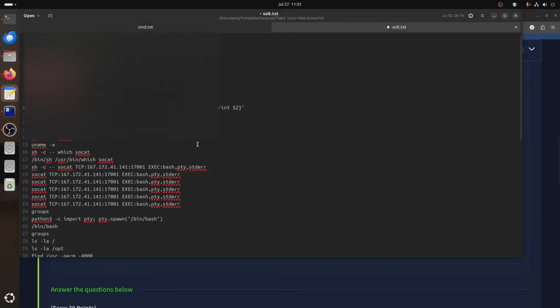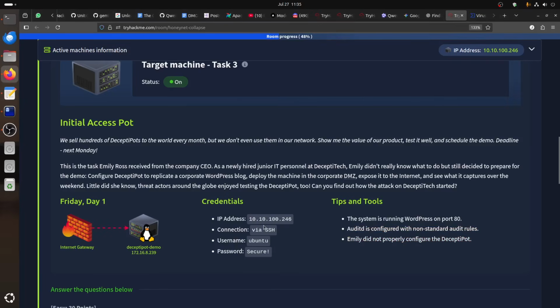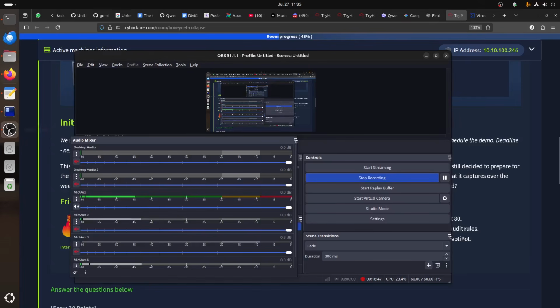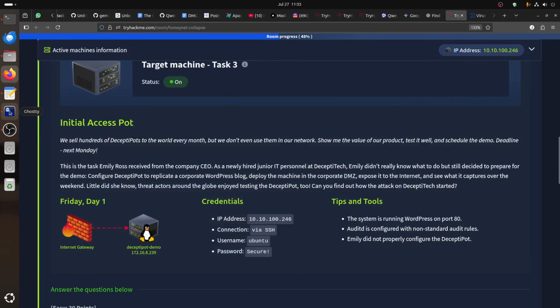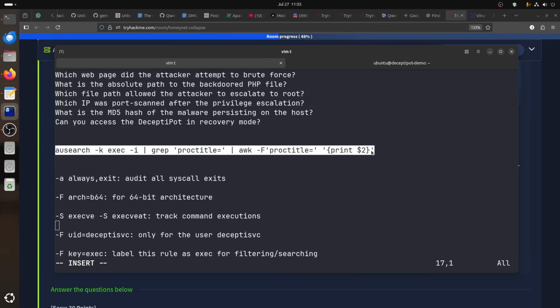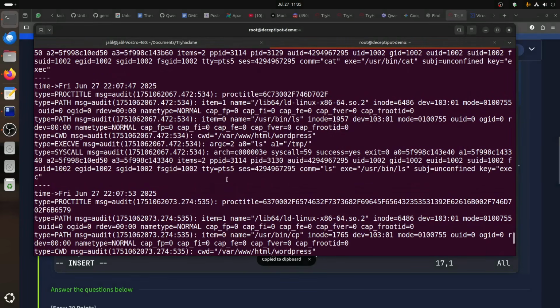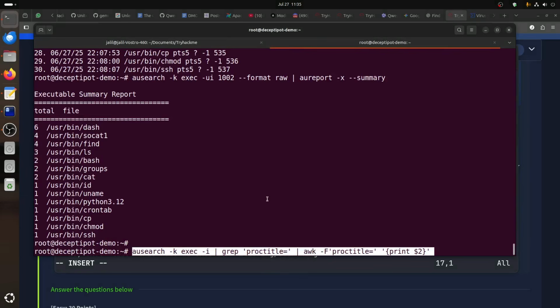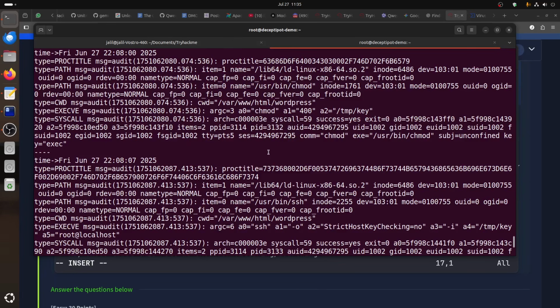Or you can use this command to clean it. ausearch minus k exec minus a, because now if you do this, it keeps repeating, so we're just targeting the command itself.